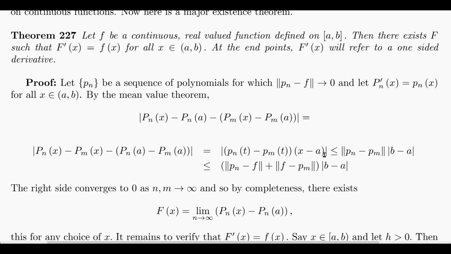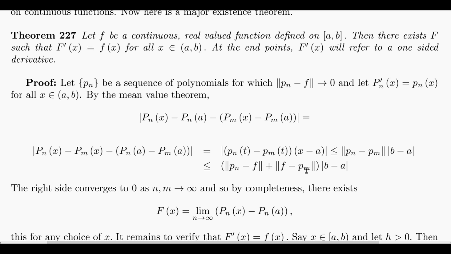Now this expression is smaller than or equal to the norm of p sub n minus p sub m times the magnitude of b minus a. And now I can use the triangle inequality to say that this is smaller than or equal to the sum of these two times b minus a. Now by what we chose these to be, this converges to 0 as n and m get large.